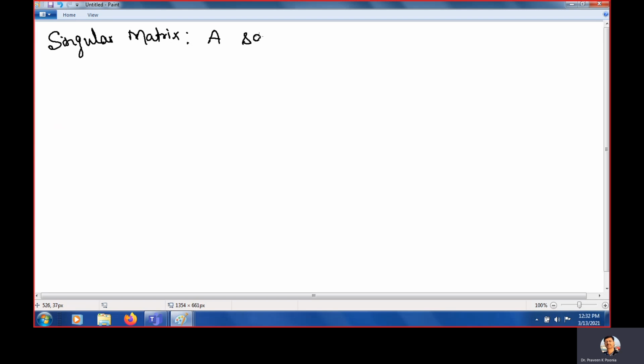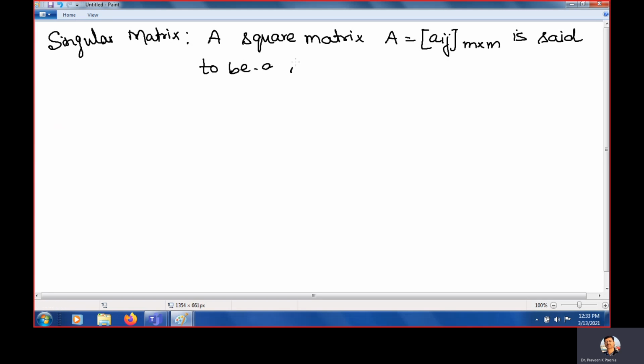A square matrix A equals Aij, m by m, is said to be a singular matrix.